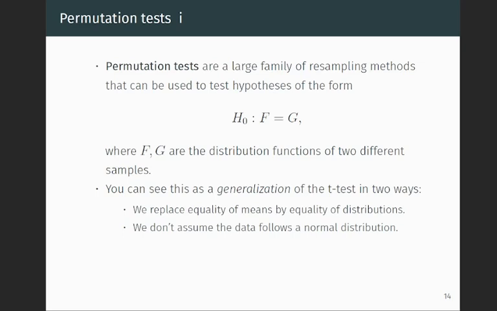We can see that it's a generalization of the t-test in two ways. First of all, we replace equality of means by equality of distributions. And second of all, we don't assume the data follows a normal distribution or any distribution at all. The null hypothesis only assumes that the distributions are the same, regardless of what they are.